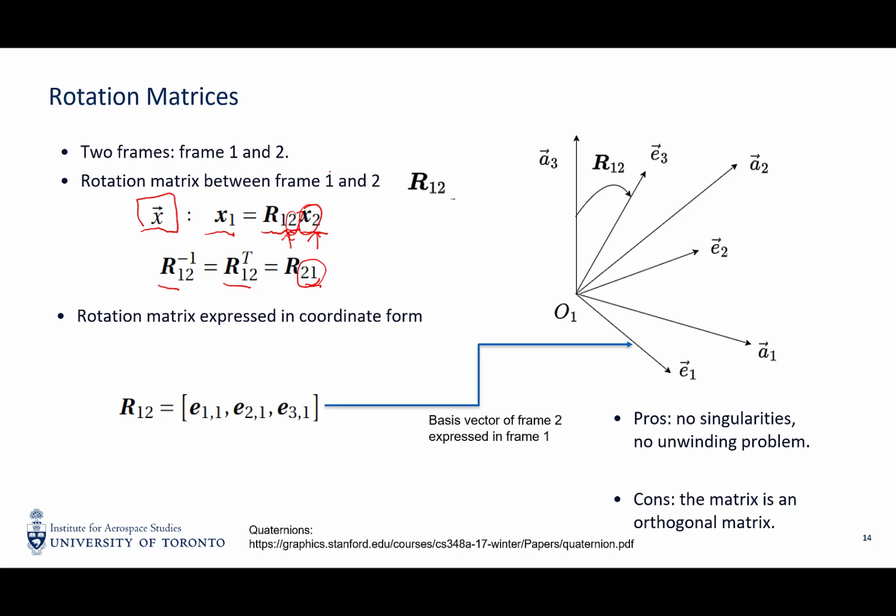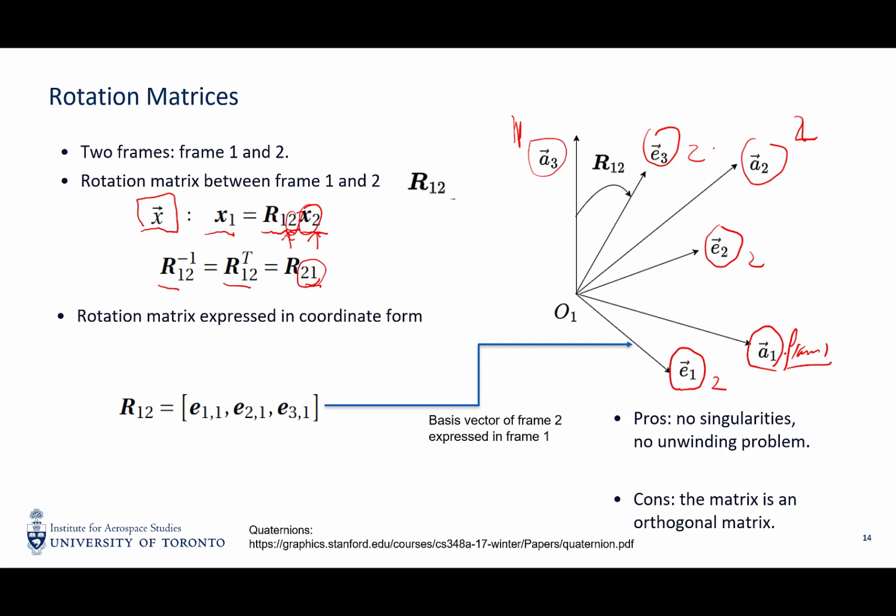If we have another coordinate frame, say frame 1 is denoted by A1, A2, and A3, these three basis vectors form frame 1. And E1, E2, and E3 form a second coordinate system. They are also three perpendicular unit vectors, but with some rotation.